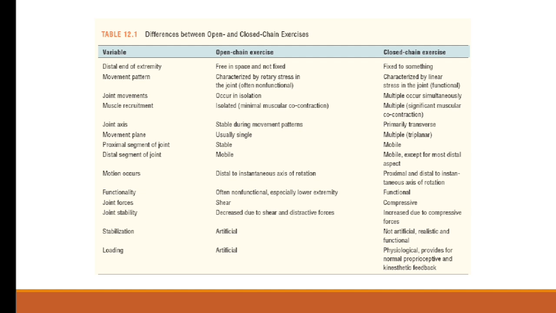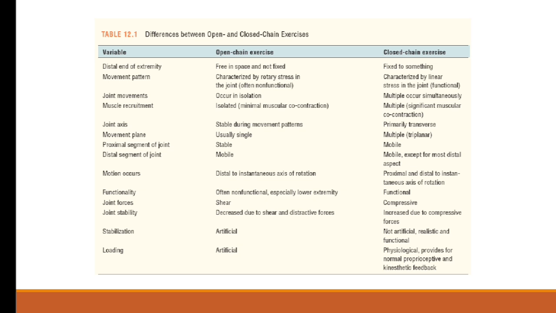What is the difference between open and closed chain exercises? Basically there are different variables. If the distal end of the extremity is free in space and not fixed, then it is an open chain exercise, and a closed chain exercise would be fixed to something. Then movement pattern is characterized by rotatory stress in the joint in case of open chain and by linear stress in the closed chain.